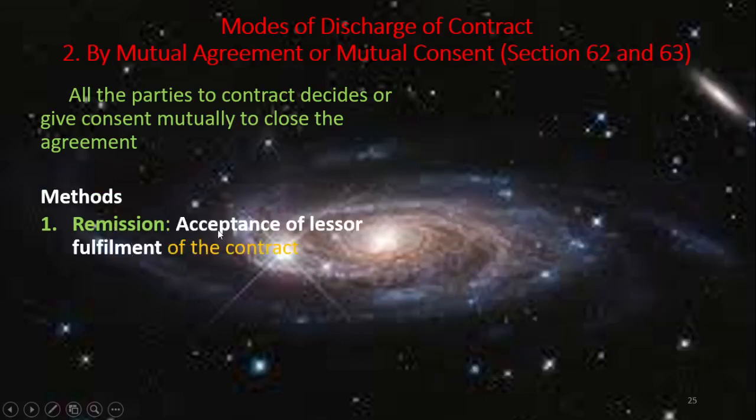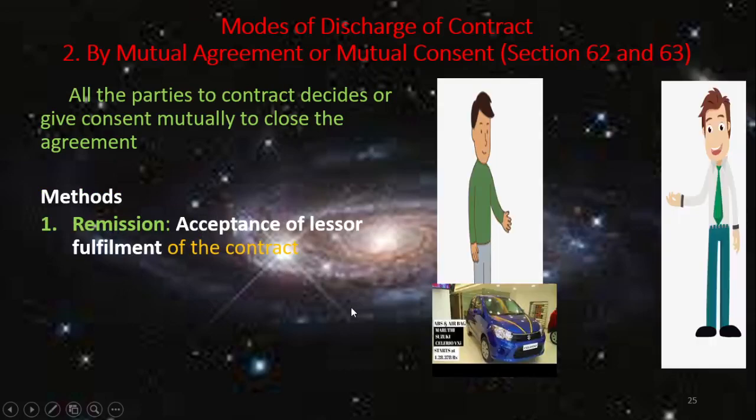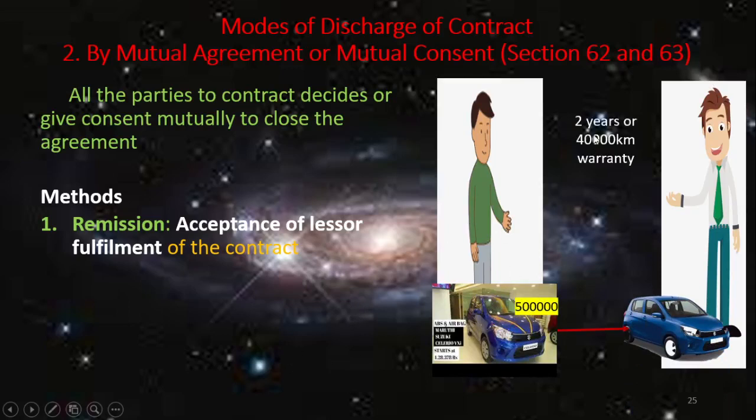And the fourth one, remission. Remission means acceptance of lesser fulfillment of the contract. Again, the same example: Arun and Kiran and the sale and purchase of the car, again for 5 lakh rupees. But here, it includes 2 years or 40,000 kilometers of warranty. But at a later time, Kiran sacrificed this warranty, or he has given acceptance for lesser fulfillment of the contract.